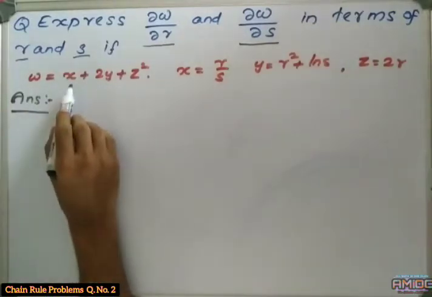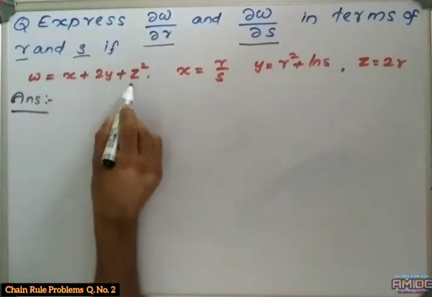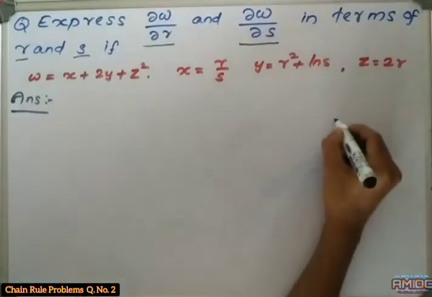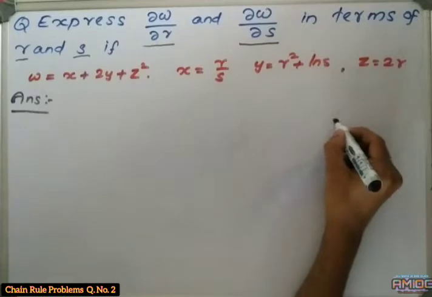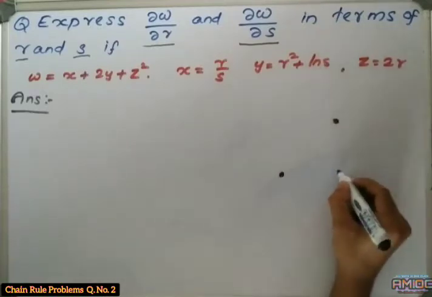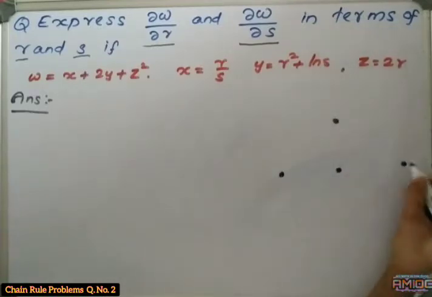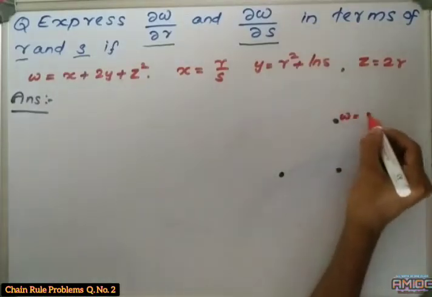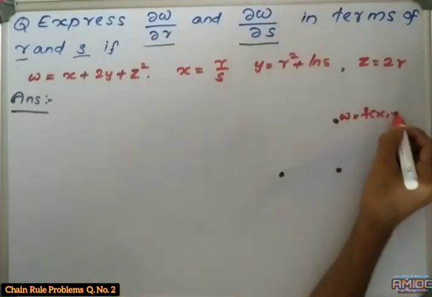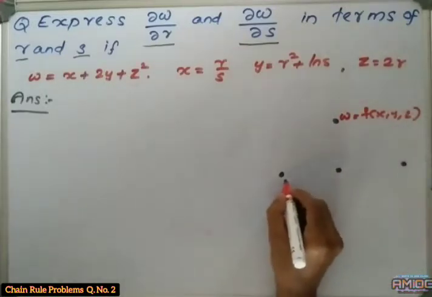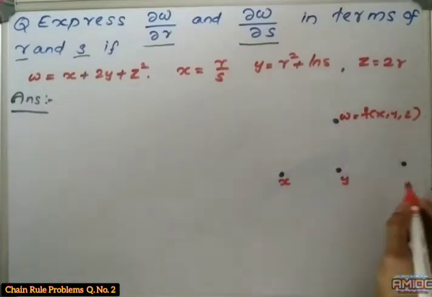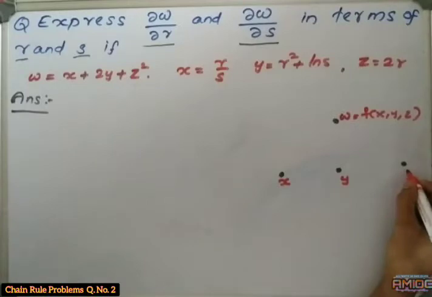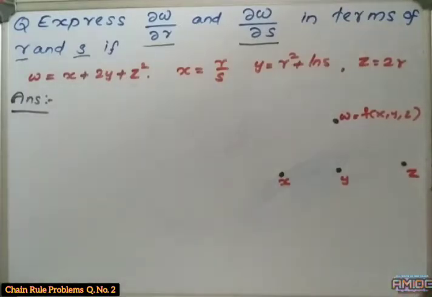Here w is a function in x, y and z. We can mark this point as w, a function in x, y, z. This point is x, this point is y and this point is z.